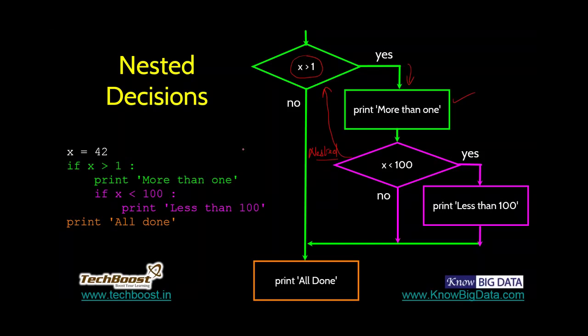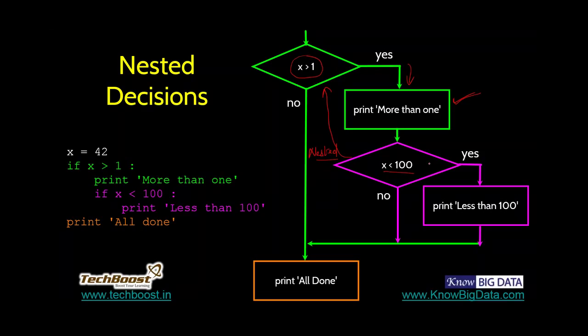Alright, now what happens is if this condition is satisfied, we go this way, execute this statement, and we try to compare another condition. So if x is less than 100, we do this, or else we go back to the main string.